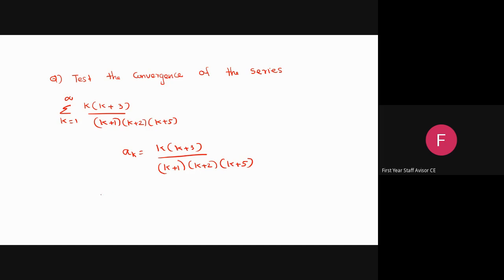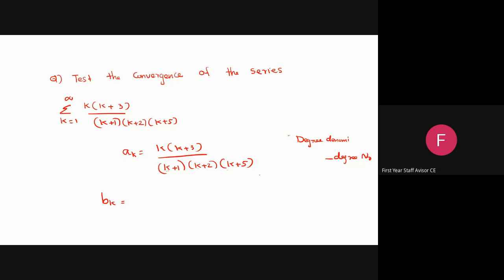Then choose b_k. How to choose b_k? Degree of denominator minus degree of numerator. So here the degree of the denominator, k into k into k, that means 3.